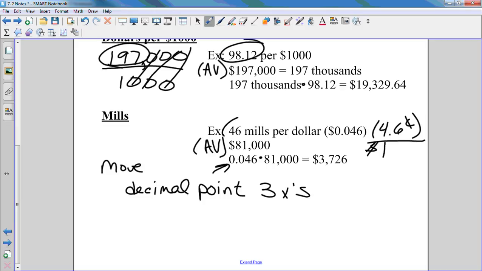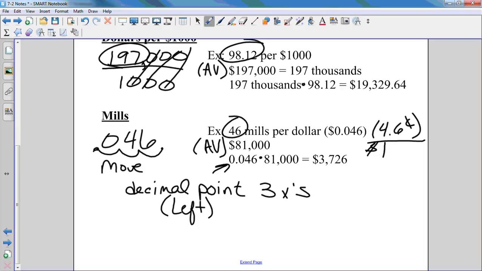I took my 46 mils and moved it 3 times to the left. And that's how you find out how much you owe in taxes. For this one, I owe $3,726 per year.